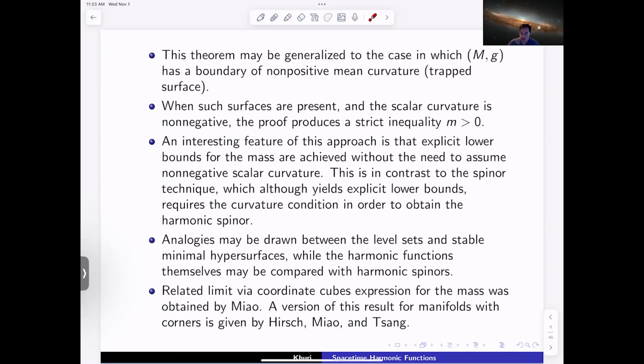And so one could think of the level sets of the harmonic function as pre-minimal surfaces, or surfaces that are trying to find the special minimal surface, and that is going to play the important role. Okay. But the advantage is, if this approach could be extended to higher dimensions, you don't have to worry about singularities of minimal hypersurface. But so far, there's not been an extension to higher dimensions of this approach.